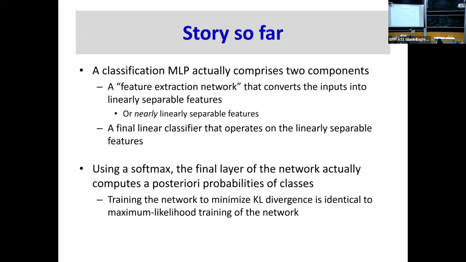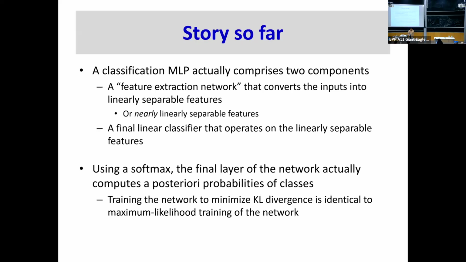And if you use a softmax, the final layer of the network is actually a probabilistic model which computes the a posteriori probability of the classes. So training the network to minimize the cross entropy loss or the KL divergence basically performs maximum likelihood training of the network to best estimate the posterior probabilities of classes for any input, which makes sense. You want to be able to present a picture and ask the network, what is the probability that this is a cat?